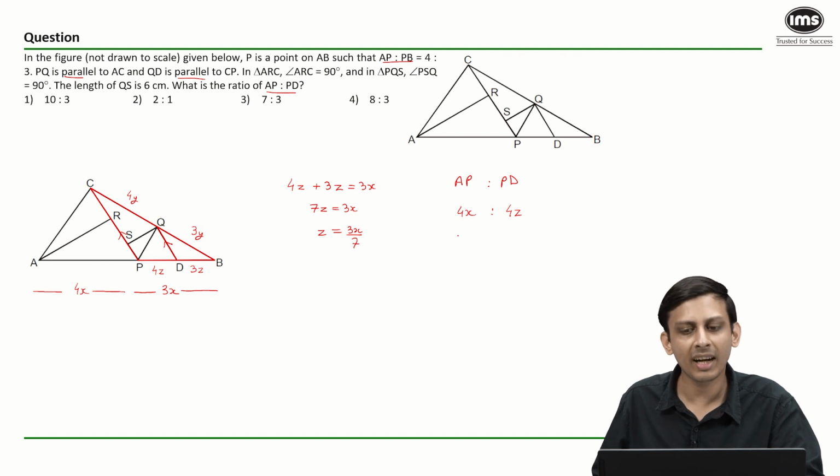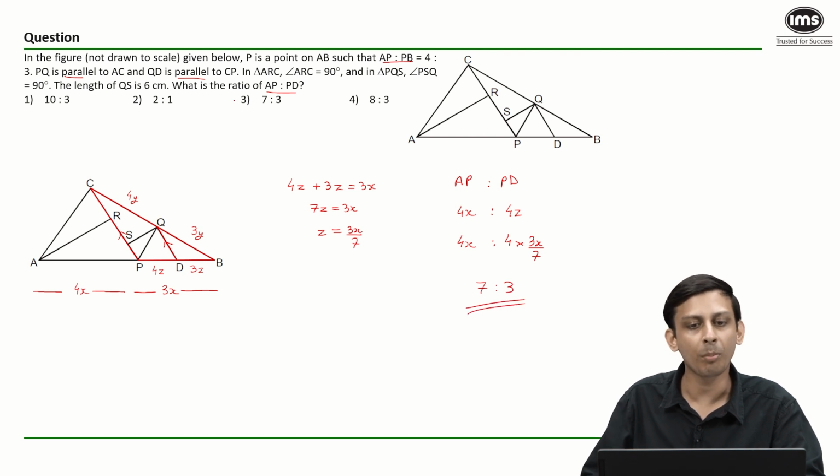And let us substitute that here. So this is 4x. And here 4z, z will be 3x by 7. So now what will happen? 4 will cancel off, x will cancel off. And by multiplying both the sides with 7, we will finally get 7 is to 3. So the answer is option 3.